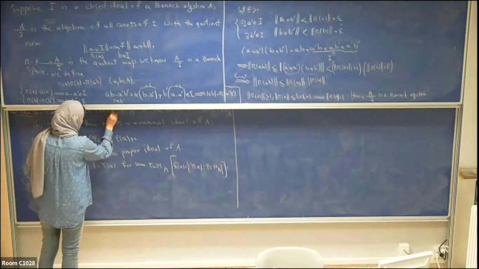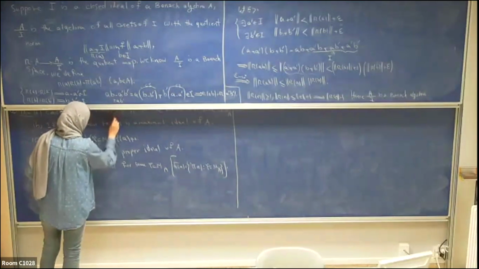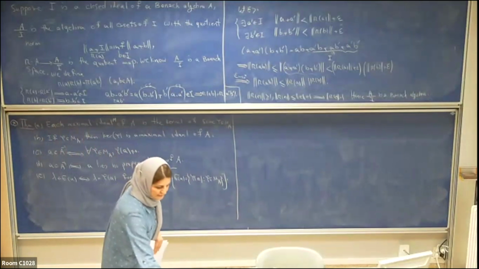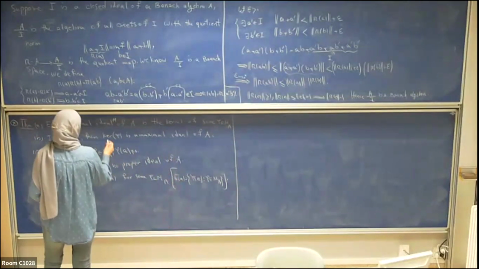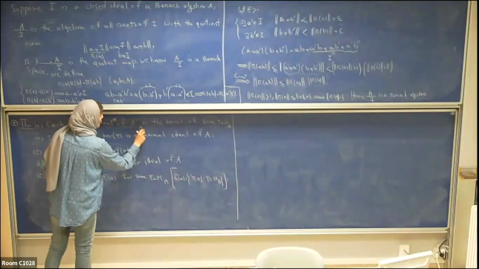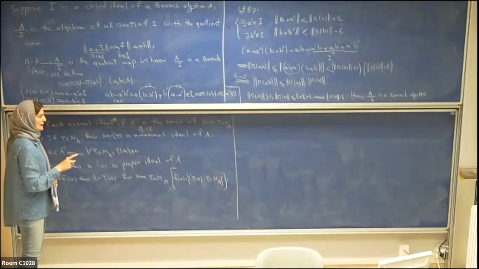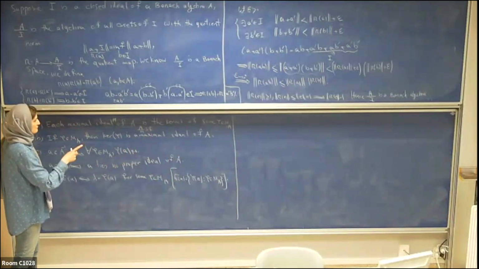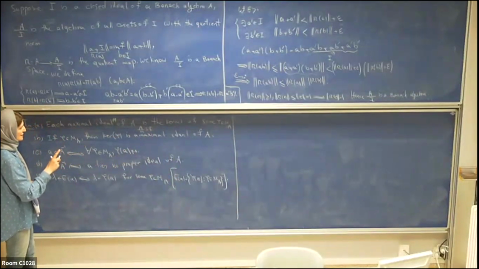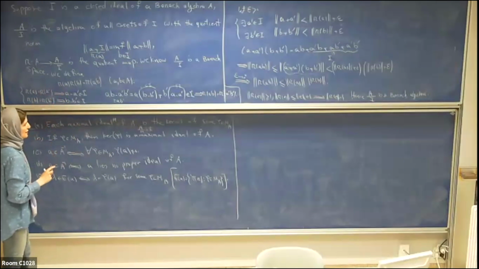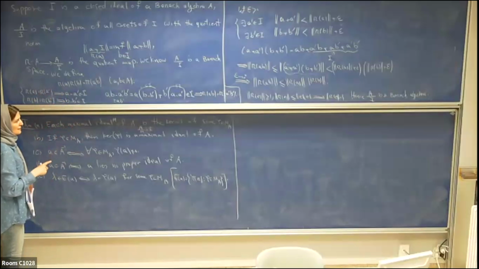Imagine, for example, a maximal ideal, put it M. You know that I showed that A over M is isomorphic to C, and up to an isomorphism, we can say that the quotient map P is the phi we were looking for.